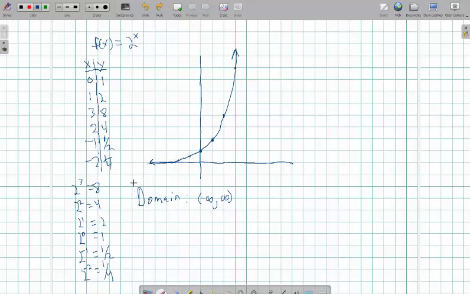So no matter how far I go left, it's still going to be positive. It's just going to be small. So I'll have a horizontal asymptote at the x-axis, 0.